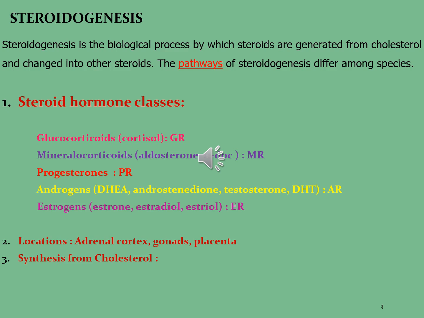All these hormones are produced in the adrenal cortex, gonads, and placenta, within the mitochondrial compartments, and all these hormones are synthesized from cholesterol. Means the basic precursor for the synthesis of these hormones is cholesterol.